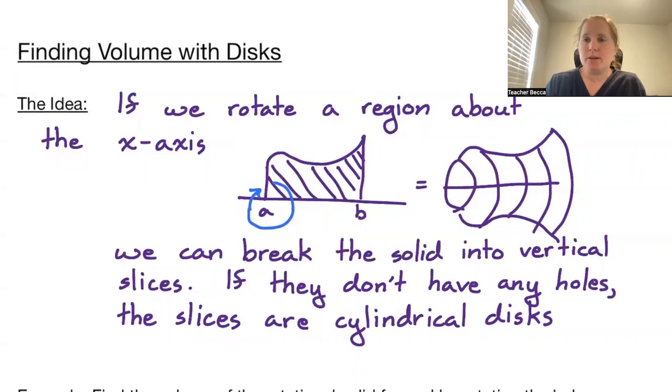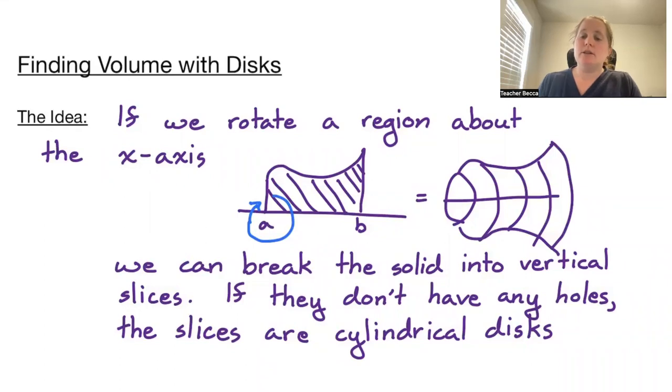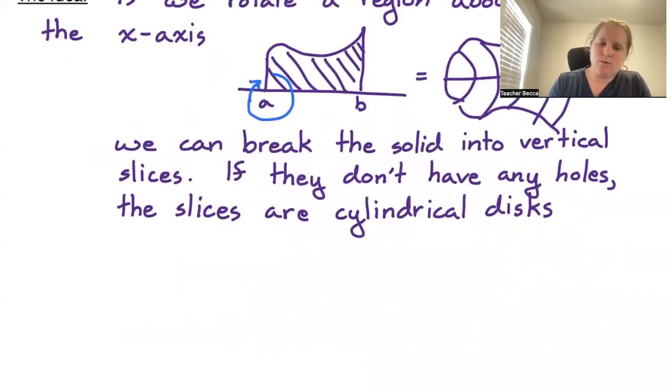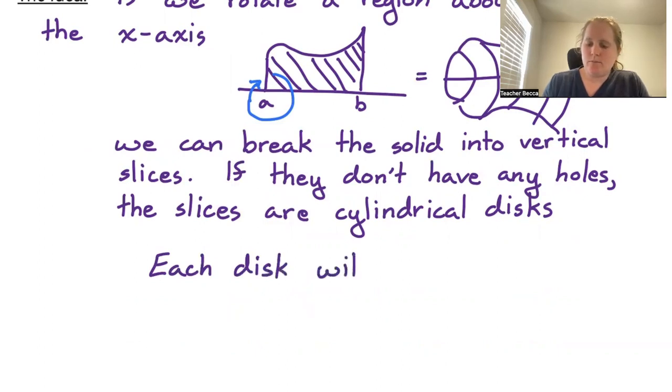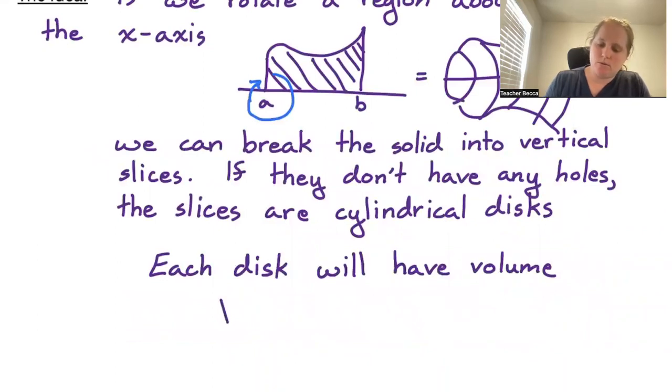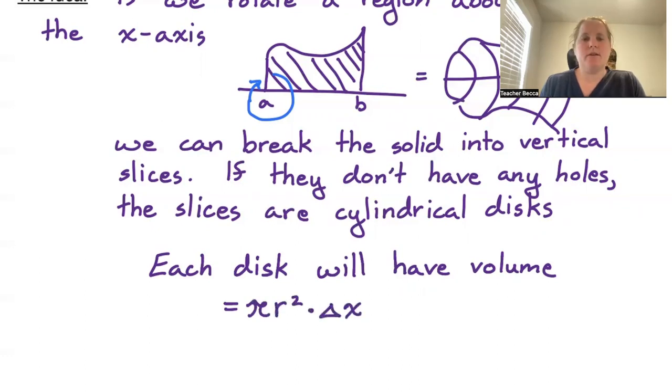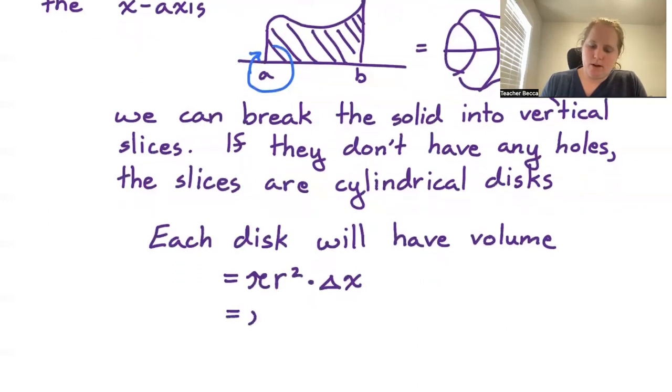Each disk will have volume equal to essentially pi r squared times delta x, whatever the width is, or pi times r of x squared times delta x.